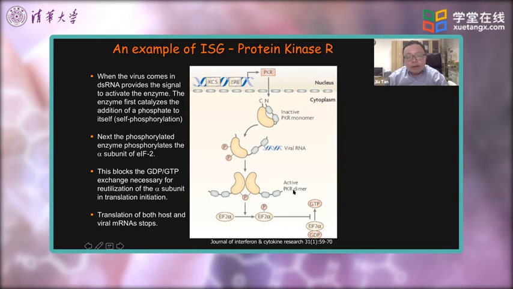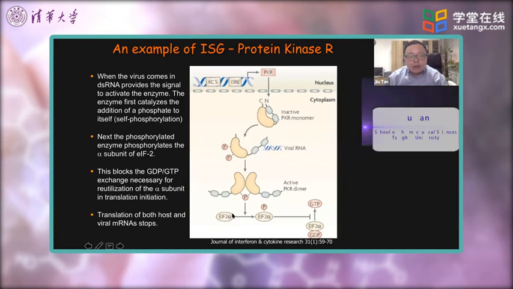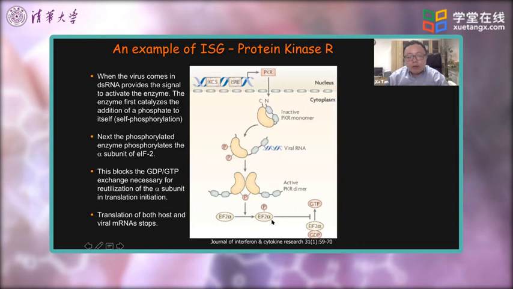Further activated PKR kinase can then phosphorylate its substrate, the protein EIF2 alpha. This protein is responsible for starting the protein translation process. Basically, PKR phosphorylates EIF2 alpha and inactivates this protein translation initiation factor.